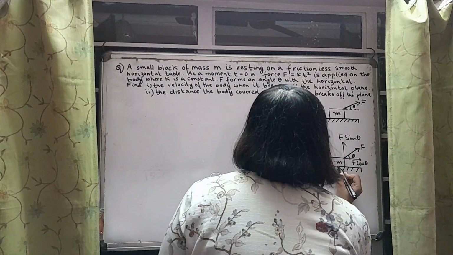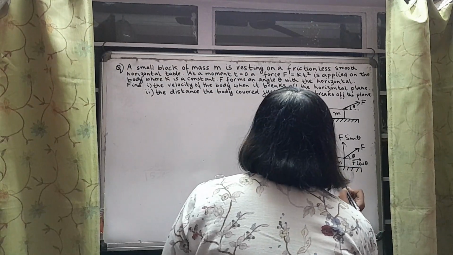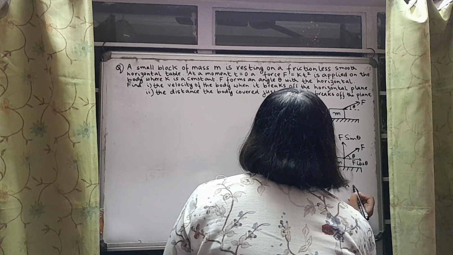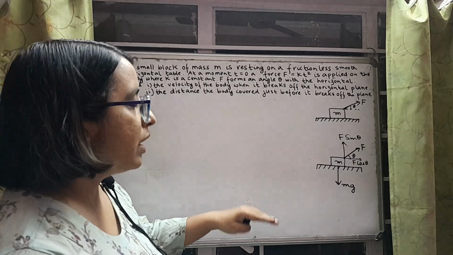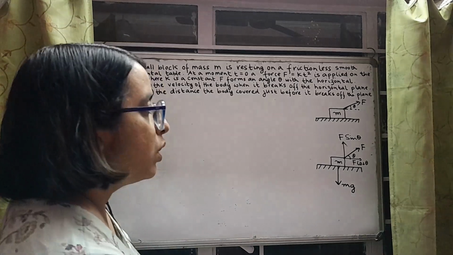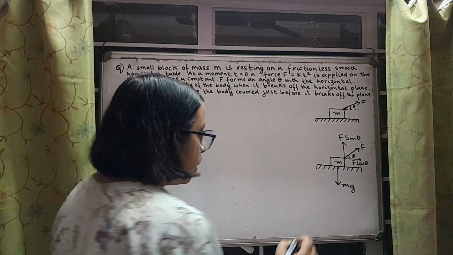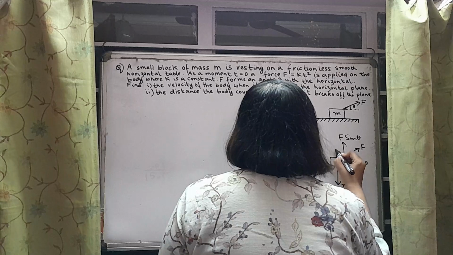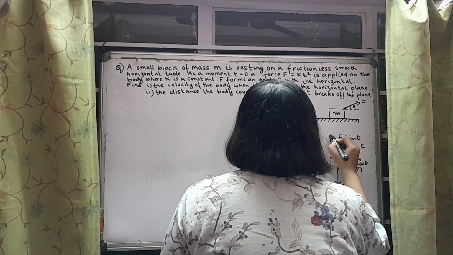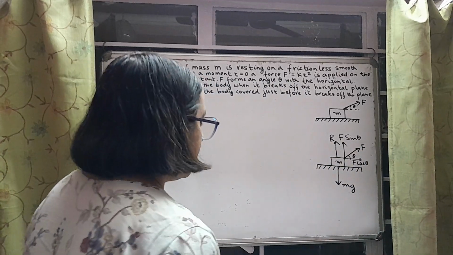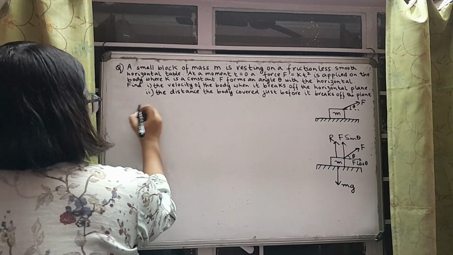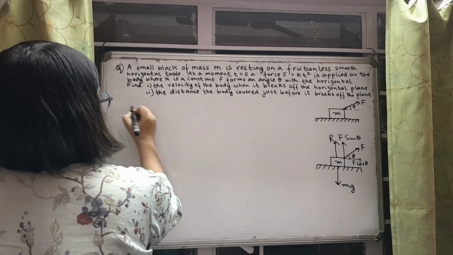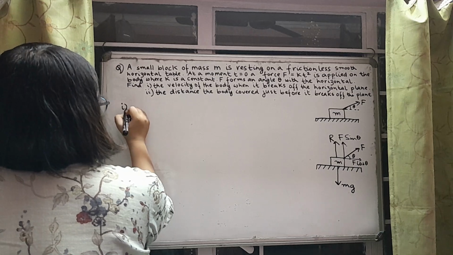That will be the weight mg of the block acting downward, and this table will give a reaction force to the block which acts vertically upward, which I denote as R. R is a reaction force.